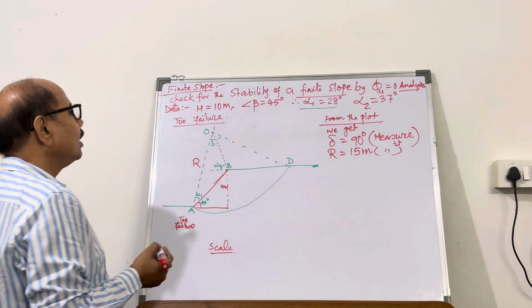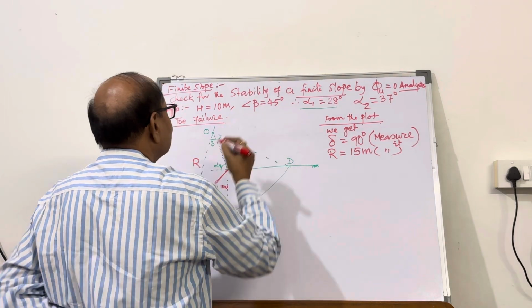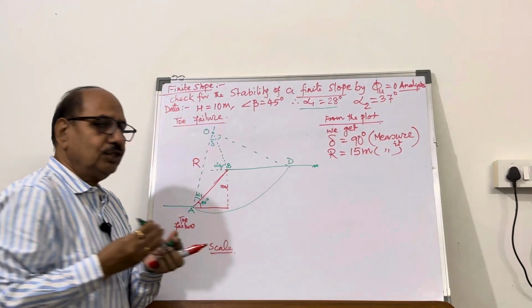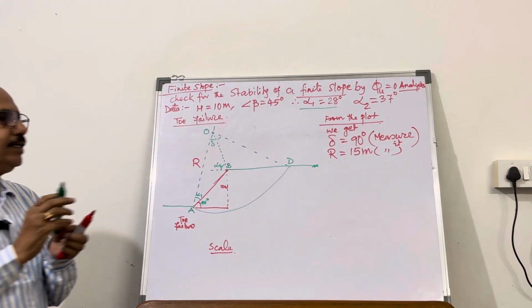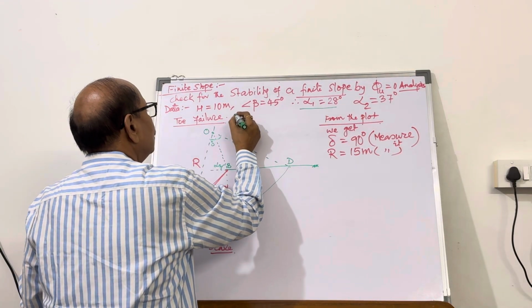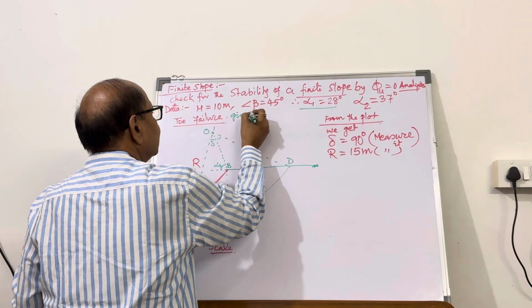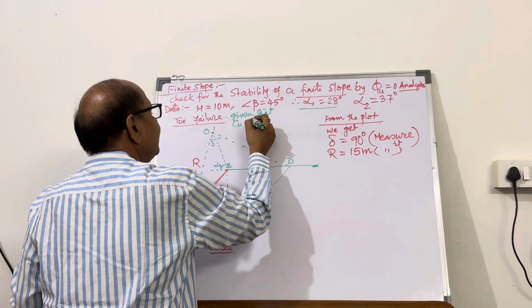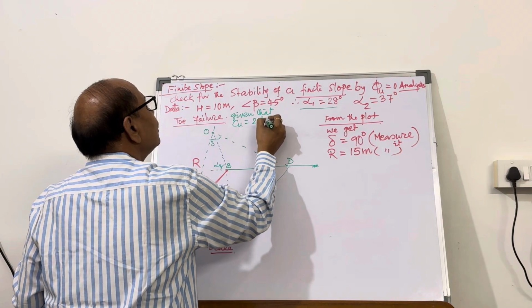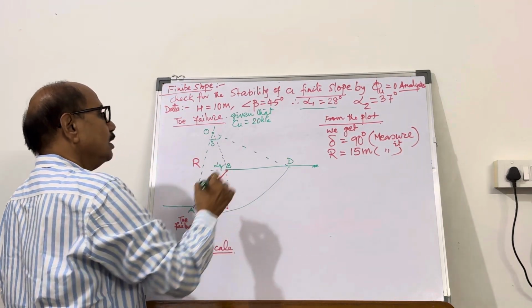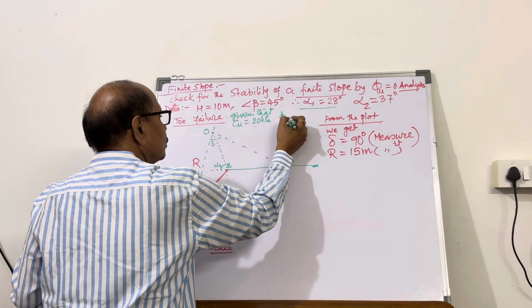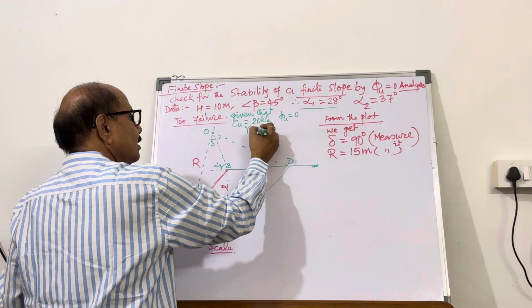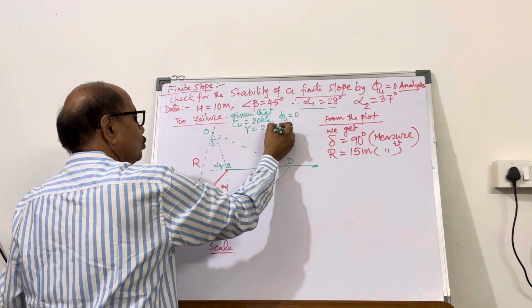Cu is given that Cu, the undrained cohesion, equal to 20 kilopascal, and phi u equal to 0, and gamma equal to 20 kilonewton per cubic meter.